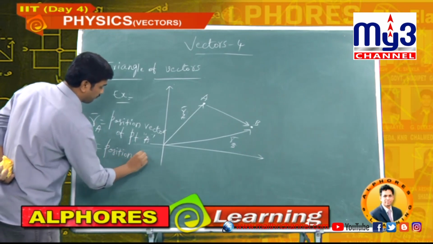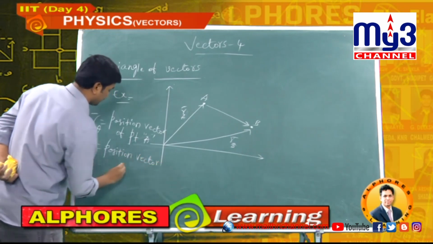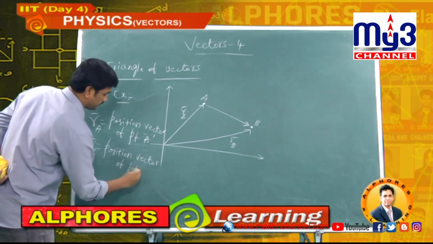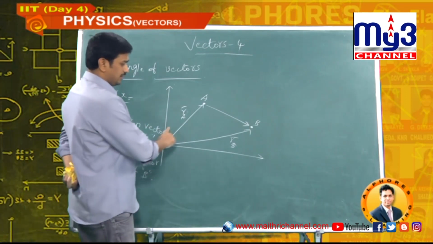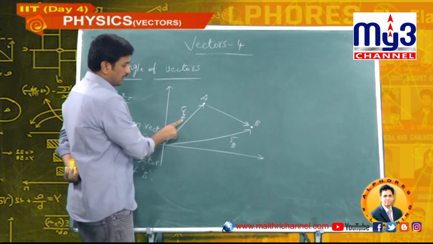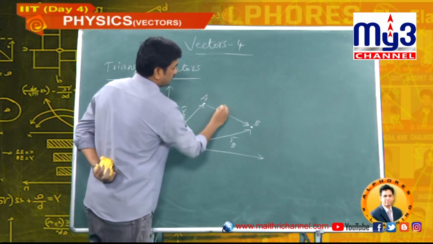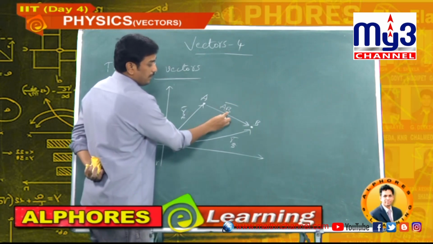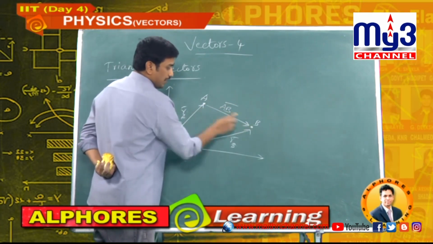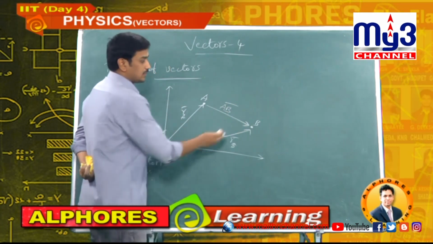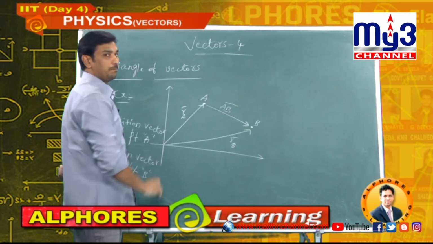The position vector of point B. Here, can you see a triangle? RA bar, and this is AB bar, the A to B vector. Once again, the A to B vector is AB bar. Suppose the vector is moving from B to A, that is BA bar.